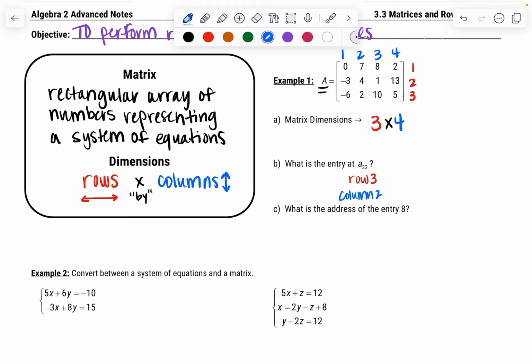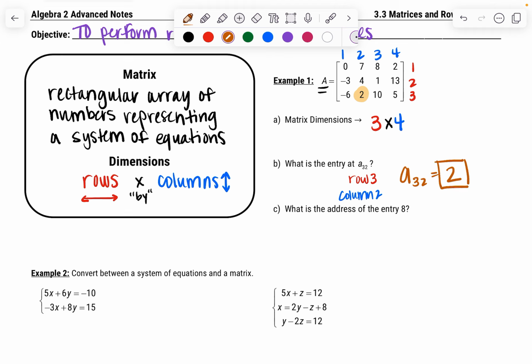So again, you will always be reading the row number first and the column number second, just like when we write the dimensions. So I go to row 3, column 2, and it looks like the entry in the matrix at that location is going to be 2. So A32 is equal to 2.